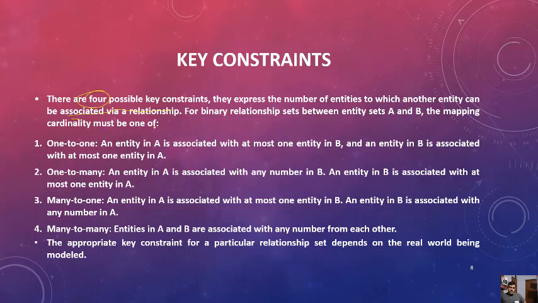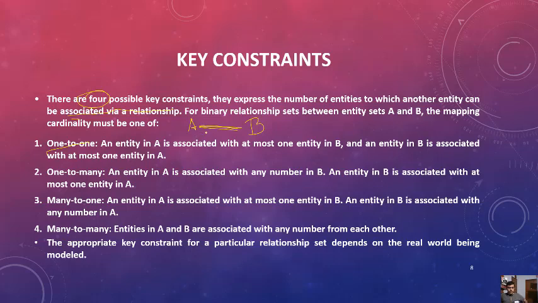An entity in A is associated with at most one entity in B, and an entity in B is associated with at most one entity in A. So that is called one to one.